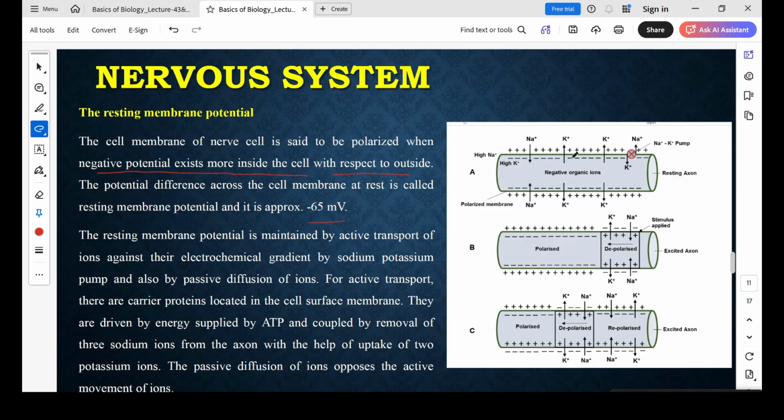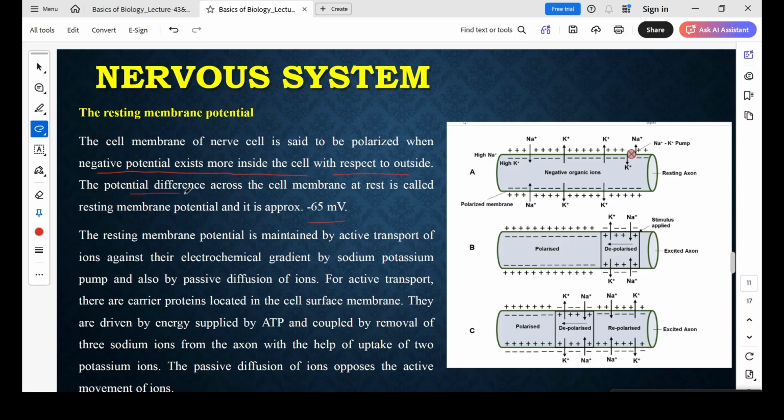The inside is high in potassium ions, and the outside is high in sodium ions. Both potassium and sodium can exist on either side, but there is a gradient to how sodium and potassium ions are present across a neural membrane.